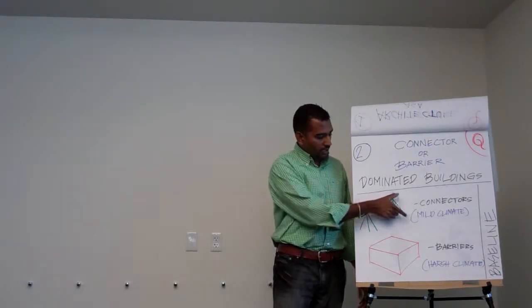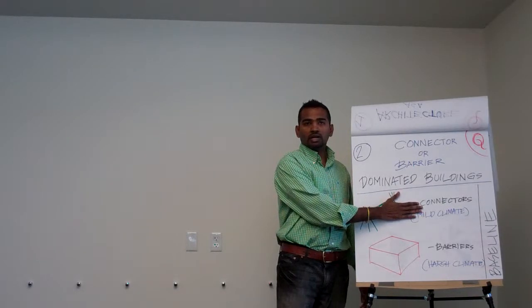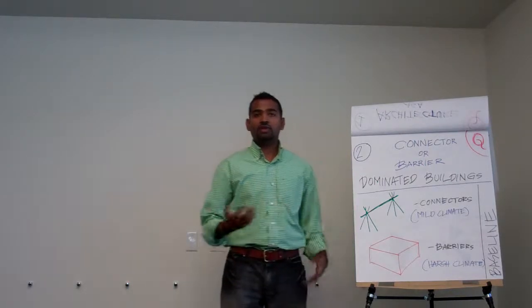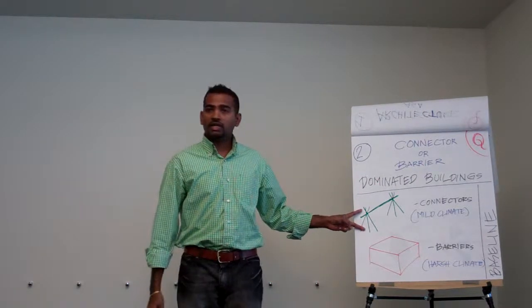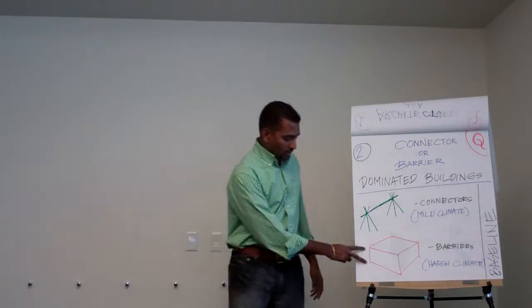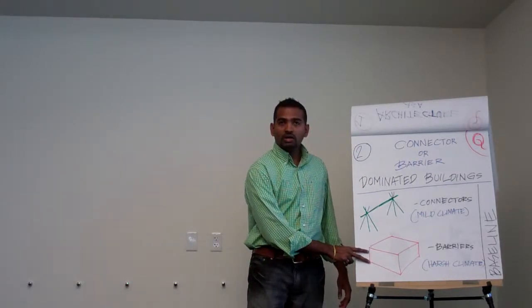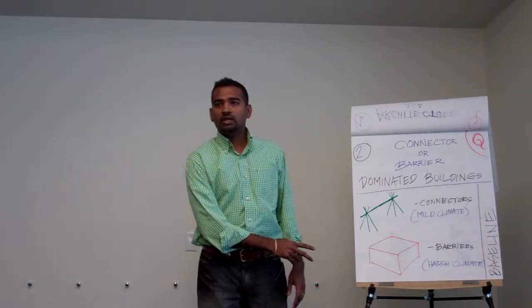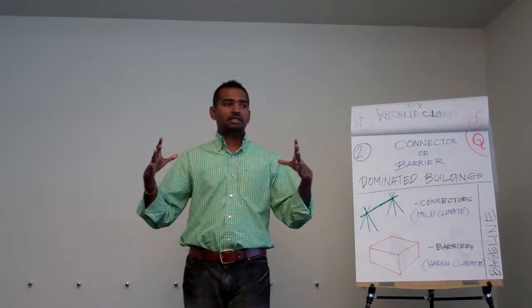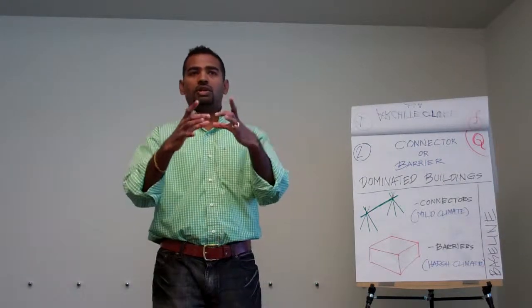So if you're designing a building in a milder climate, your baseline building should have a lot of connectors, because that's typically what you would do, right? On the same hand, for Phoenix type climate, your baseline should be a dumb box, because the energy consumption of your baseline is your starting point.